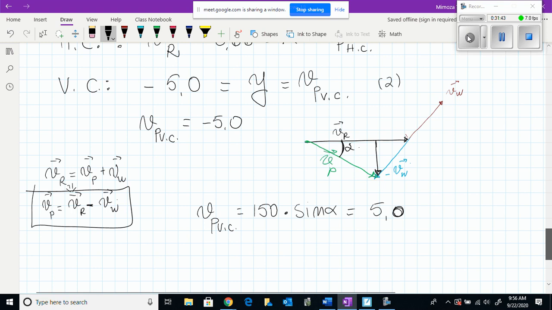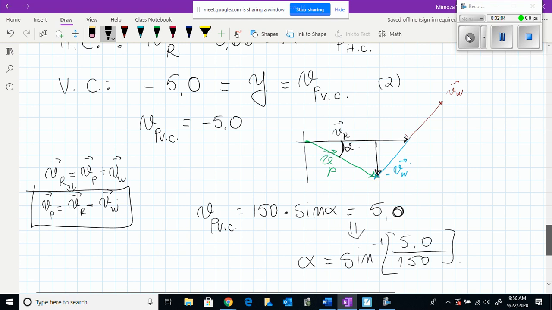It's negative, and that is telling us that the velocity of the plane is between east and south. So from here, we find that angle alpha is the inverse sine of 5 over 150.